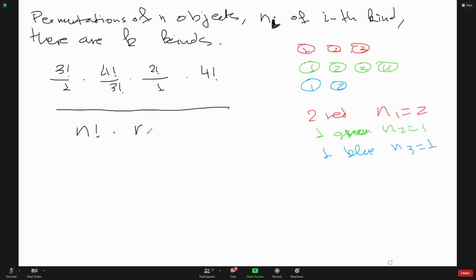So it's ni factorial, the product, right? And what was the denominator? Ni.